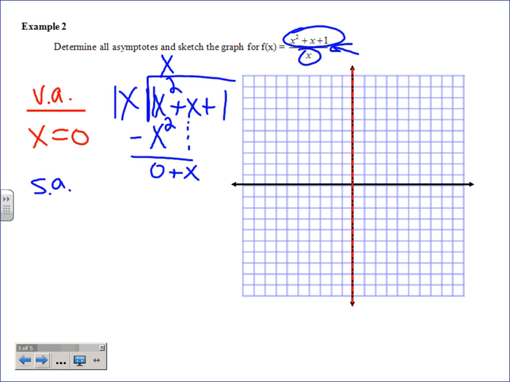Plus x. Well, 0 plus x is just x. Can I take x, this one right here, and can I divide it by the x that's out here? Well, sure, it's 1, right? Understood, 1 there. Divided by 1 is 1. And x divided by x is also 1, isn't it? So 1 times 1 is 1. So you take 1 times x is x.